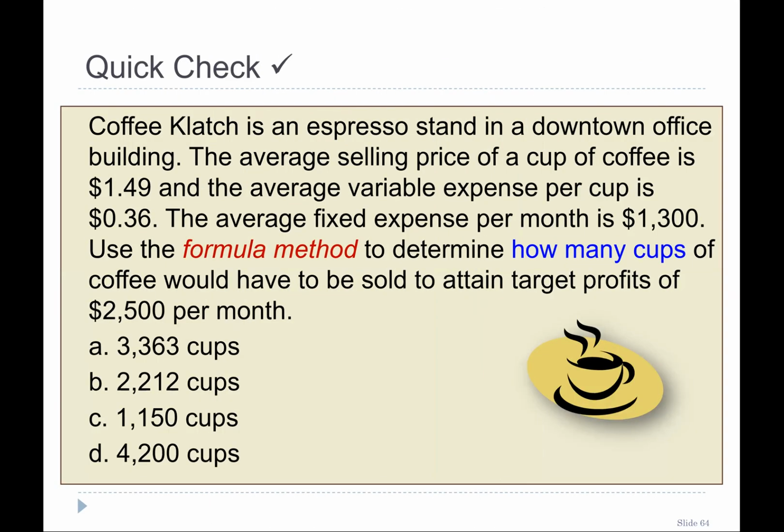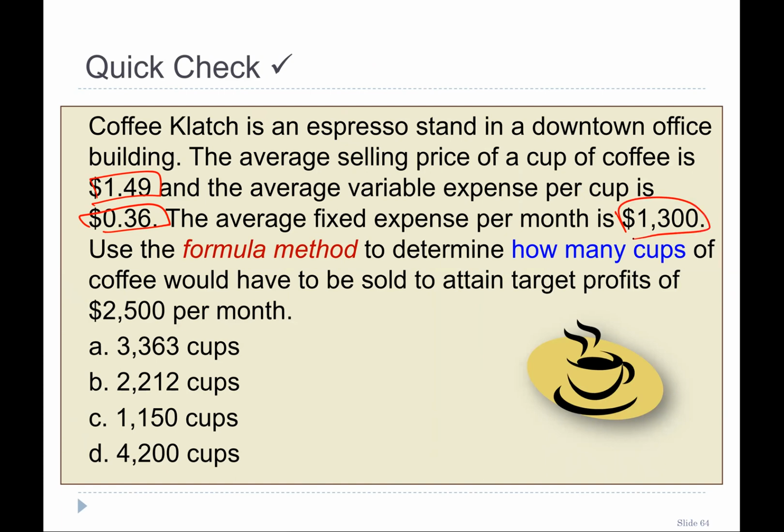Okay, now answer this question. Coffee Clutch is an espresso stand in a downtown office building. The average selling price of a cup is 1.49. And the average variable expense per cup is 0.36. The fixed cost is 1,300.